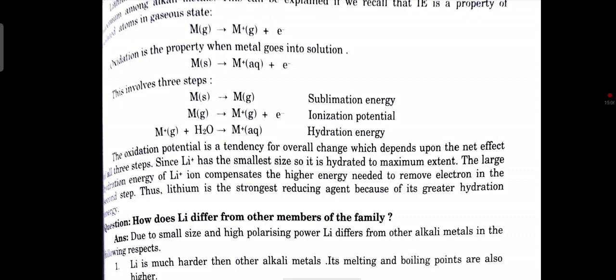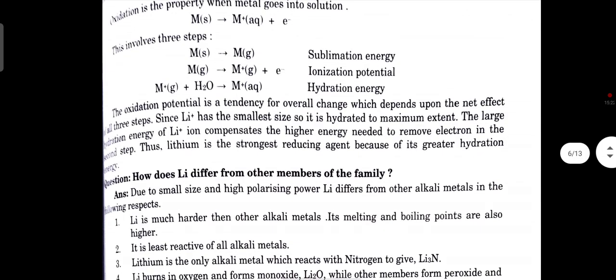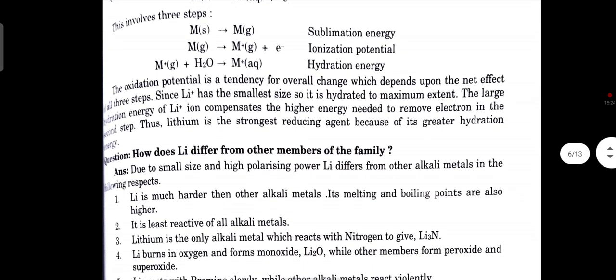Since Li+ has the smallest size, it is hydrated to the maximum extent. The large hydration energy of the lithium ion compensates for the high energy needed to remove the electron in the second step. Lithium is the strongest reducing agent because of its greater hydration enthalpy.